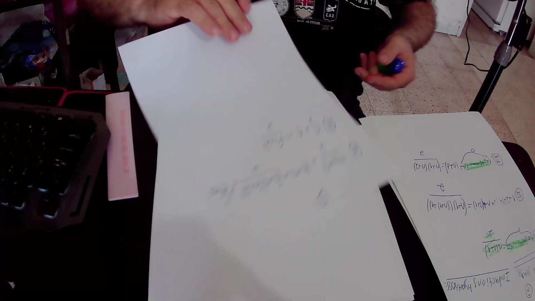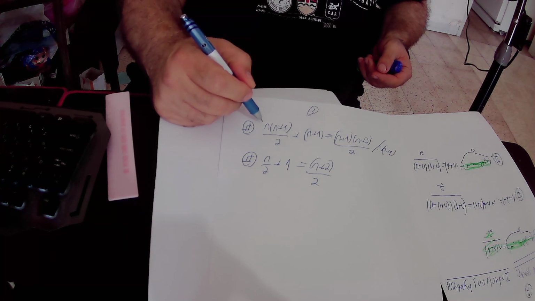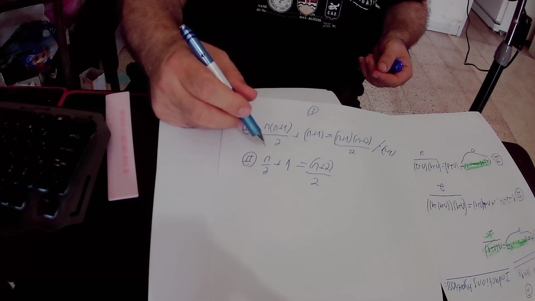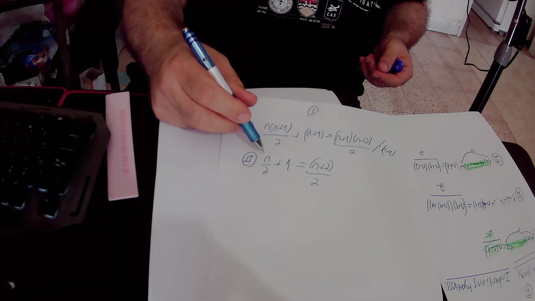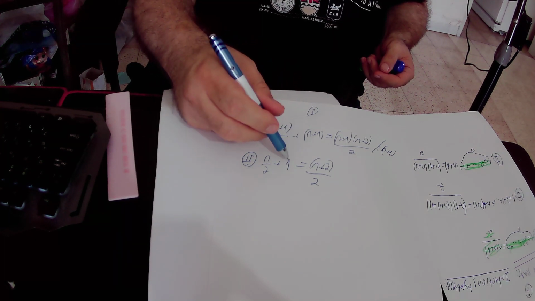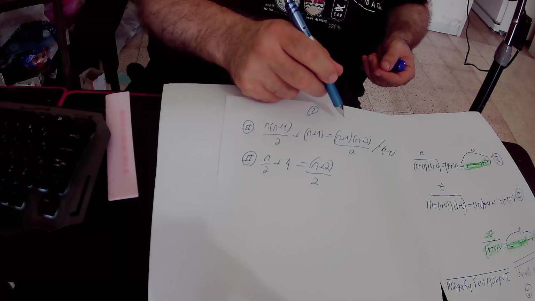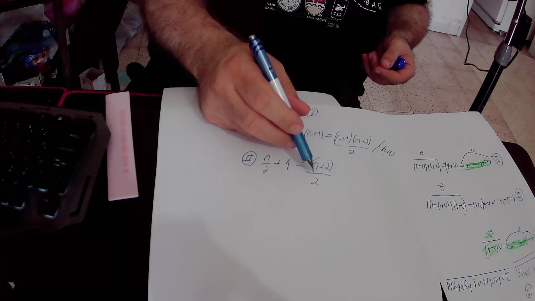So I will repeat again: n times n plus 1 divided by n plus 1 is n, we divide it by 2; n plus 1 divided by n plus 1 is 1; and n plus 1 times n plus 2 divided by n plus 1 is n plus 2, we divide it by 2.